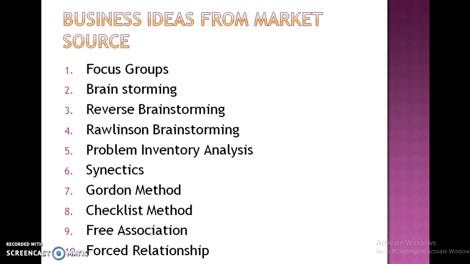And the next method is forced relationship. As the name implies, it tries to force relationships among some product combinations. It is a technique that asks questions about objects or ideas in an effort to develop a new idea. A new combination, like paper and soap, is taken, and an eventual concept is developed through a 5-step process.